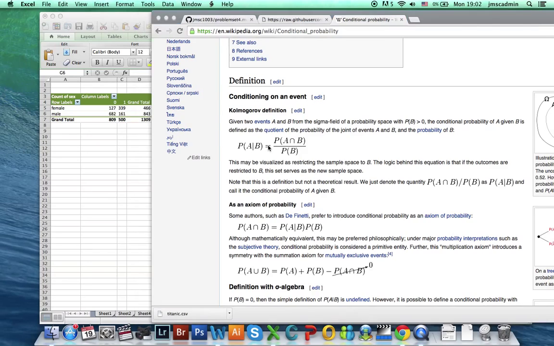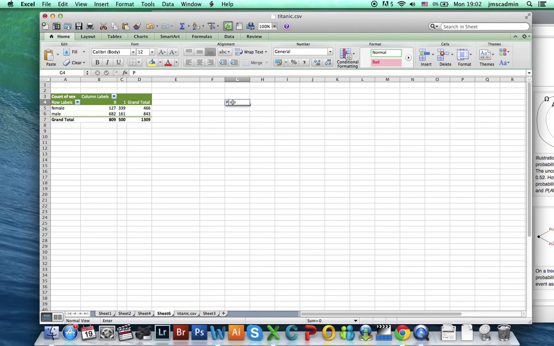Wikipedia says that the probability of A given B is equal to the probability of A and B divided by the probability of B, right? This is the formula provided by Wikipedia.